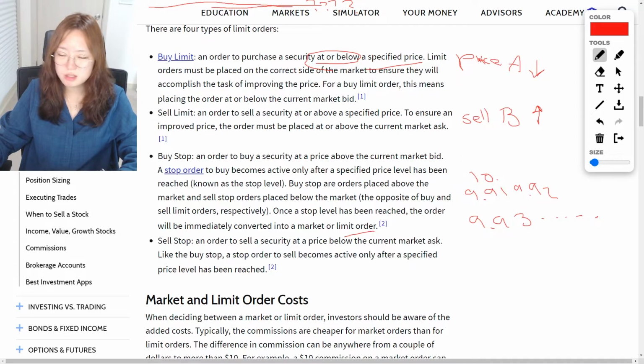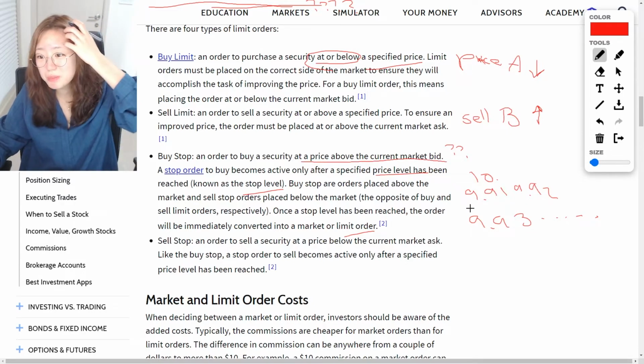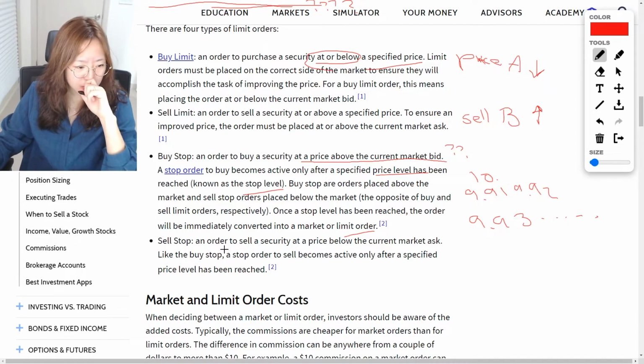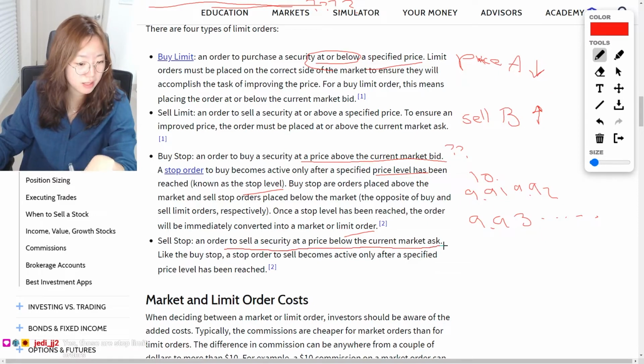Wait, does that make sense? 잠깐만, what? Placed above. What? Buy a security at a price above the current market bid? 뭔 소리야? Wait, I don't understand the buy stop. What? So sell stop, in order to sell a security at a price below the current market ask.